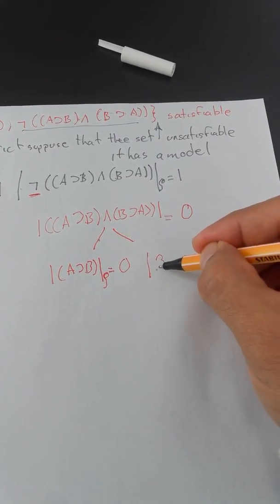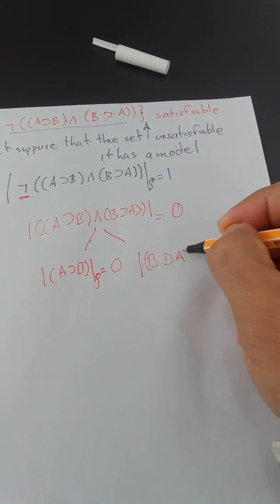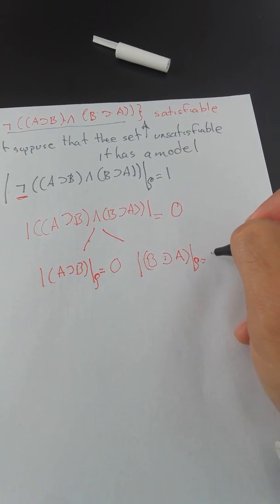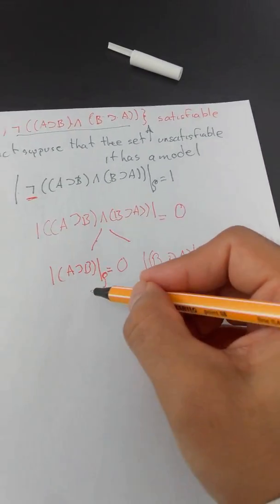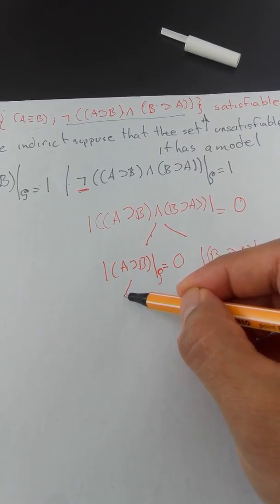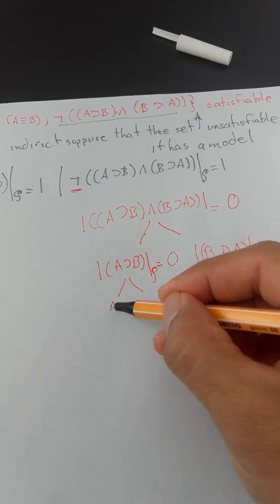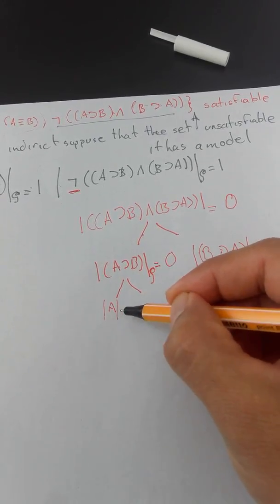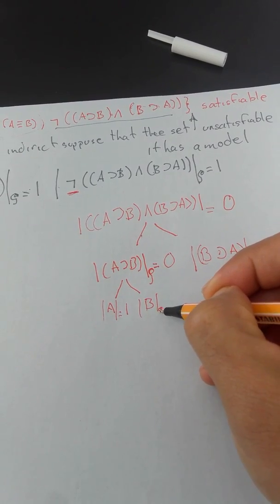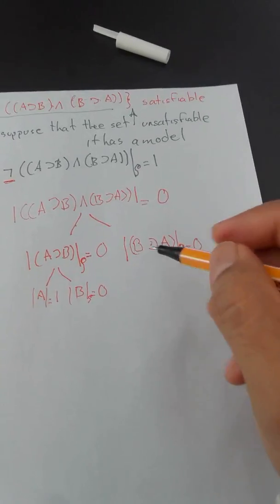So B implication A, that interpretation is equal to 0. Let's finish our exercise. The only chance that we can get 1, 0 here is that the interpretation of A is equal to 1 and B is equal to 0, so we can get 0.